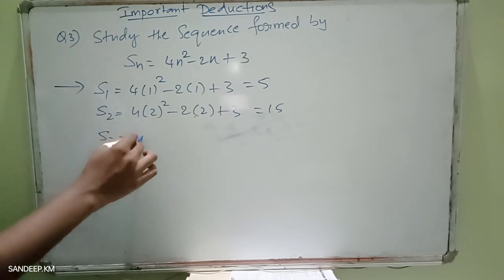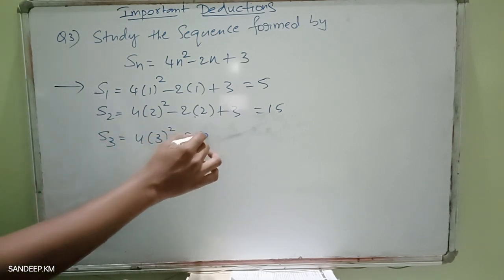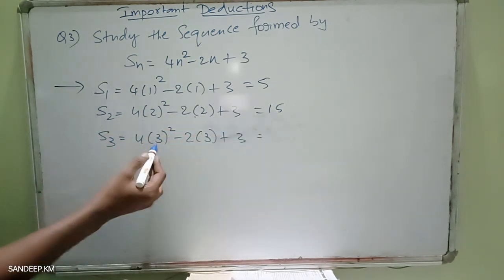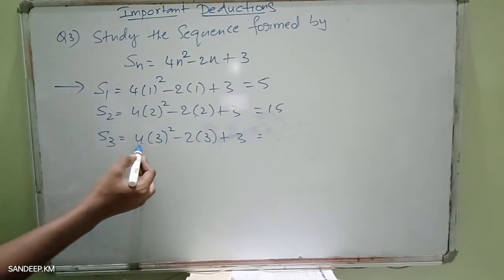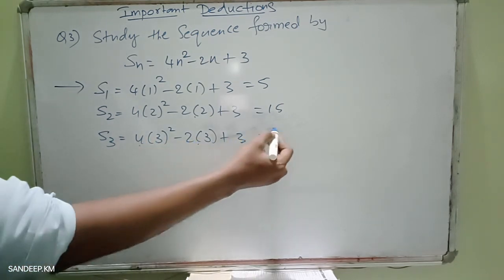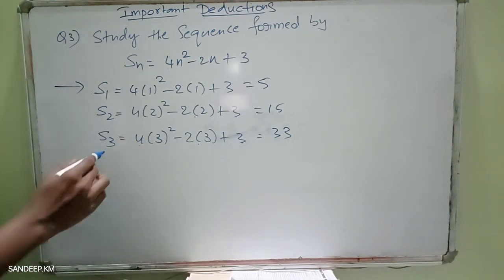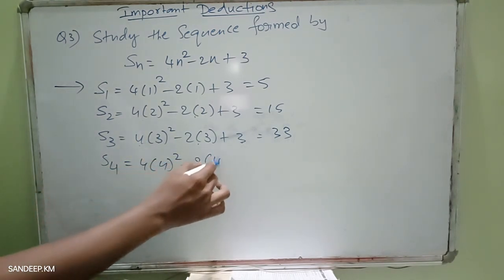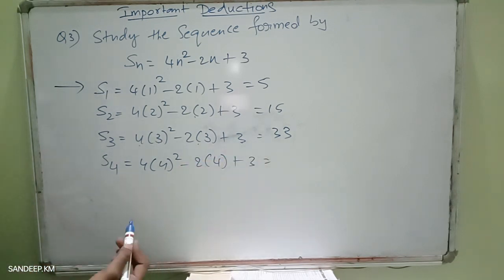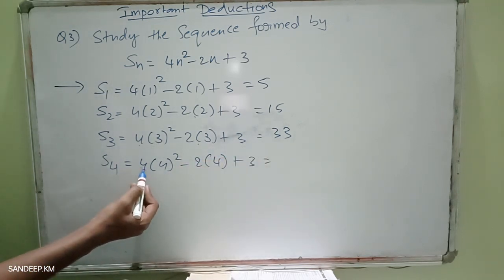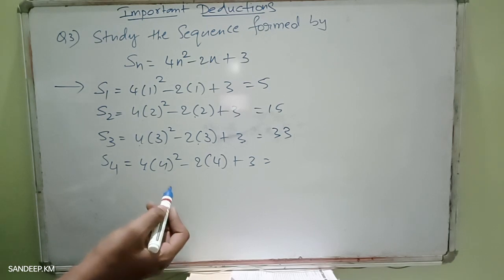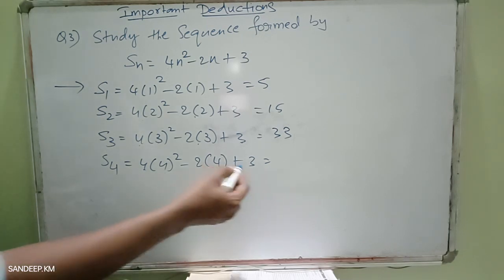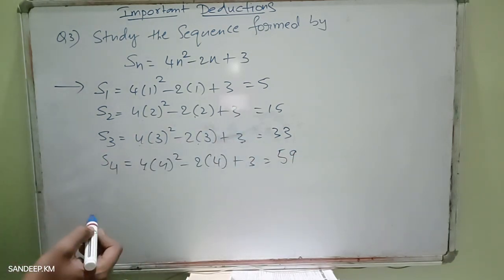S3 is equal to 4 into 3 square minus 2 into 3 plus 3. So we will get 9 4s are 36, 36 minus 6 is 30, plus 3 is 33. Let us find one more, S4: 4 into 4 square minus 2 into 4 plus 3. 16 4s are 64, 64 minus 8 is 56, 56 plus 3 is 59.